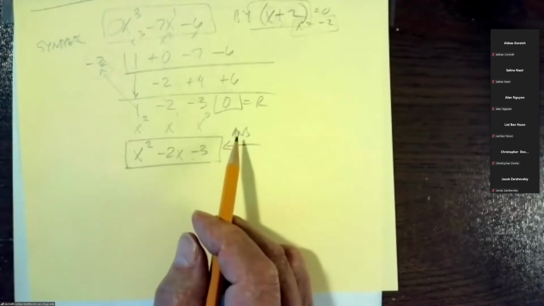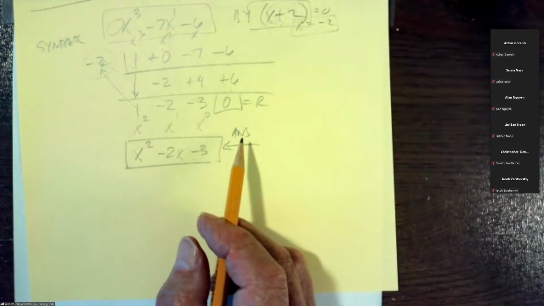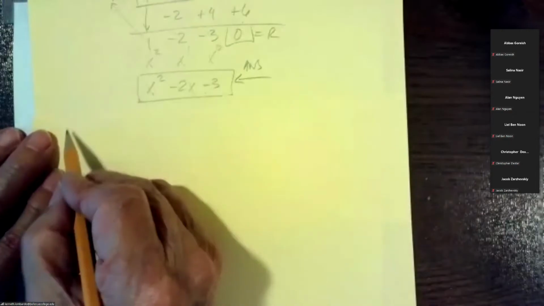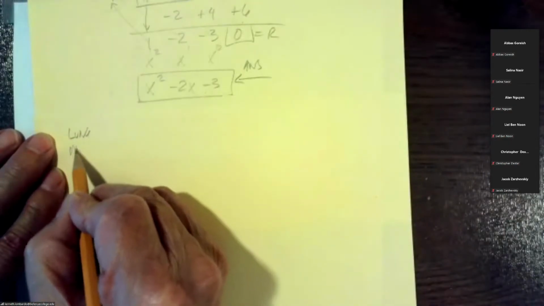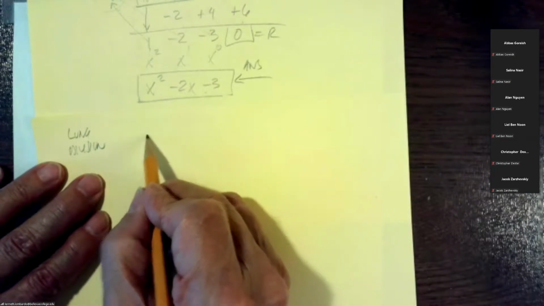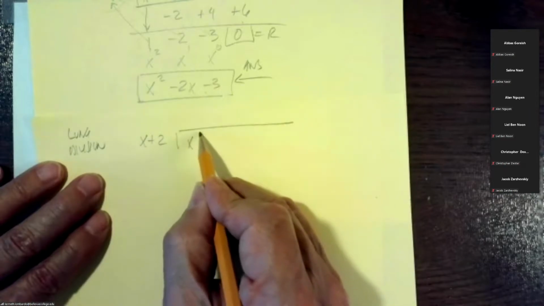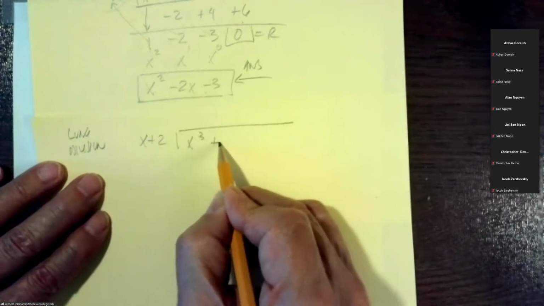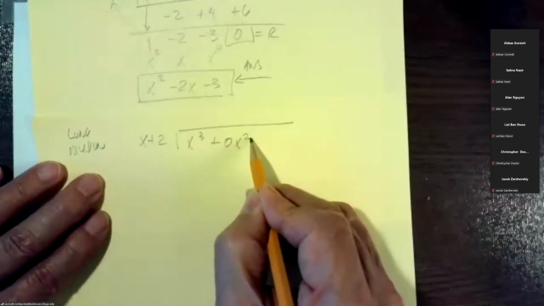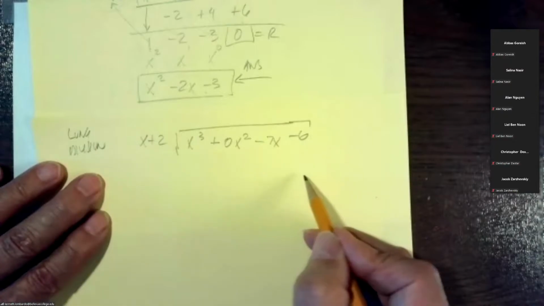Now I'm going to show you the same process, long division, and you tell me which one you think is easier. So let's put long division here. And let's divide x plus 2 into x cubed plus 0x squared minus 7x minus 6.